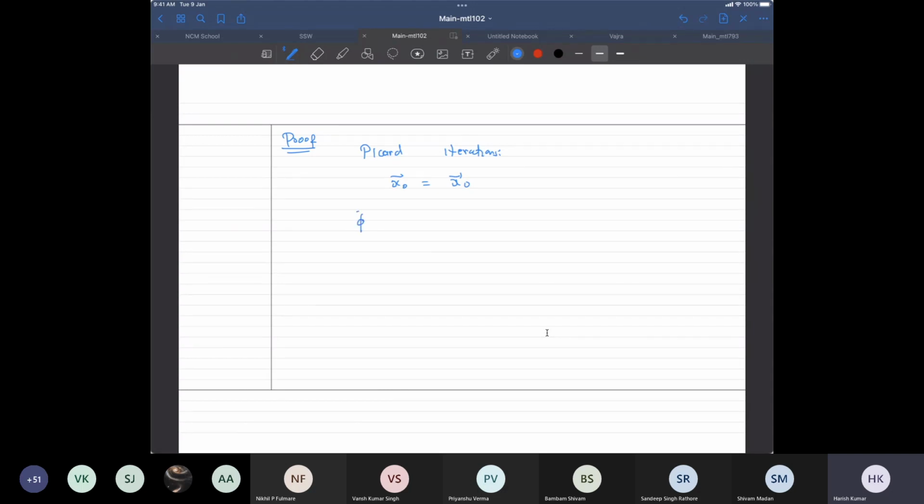So let us define x k plus 1 of t to be the initial condition plus the integral from t naught to t of the vector f of s, x k of s, ds. Now all these things should make sense to you. This is a vector, this is a vector, the output here will be a vector, so you can add them and compare them with another vector. So this is an equality, a vector integral equation.